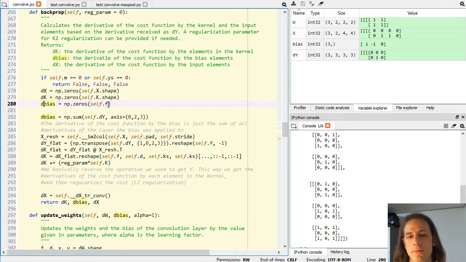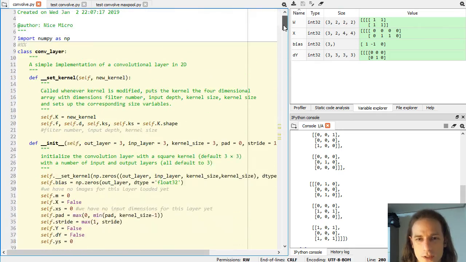What is f? So f is how many output layers we have. It's not the depth of the convolution, it's the... it just doesn't come to my mind.